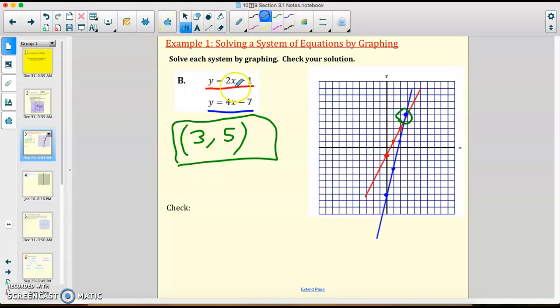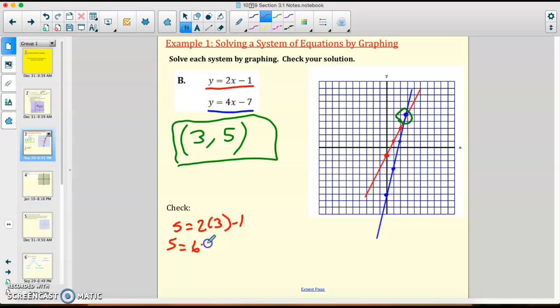With the red one, we're going to put in 5 for y, 2 times 3 for x, minus 1. Then we solve it just to make sure it works.